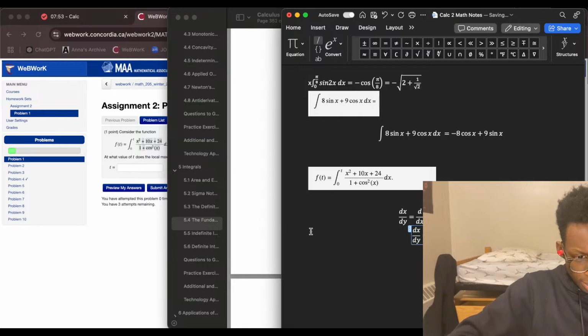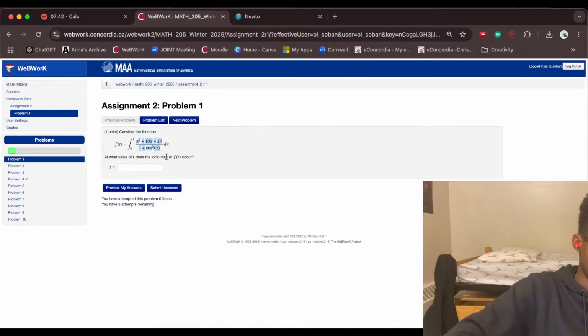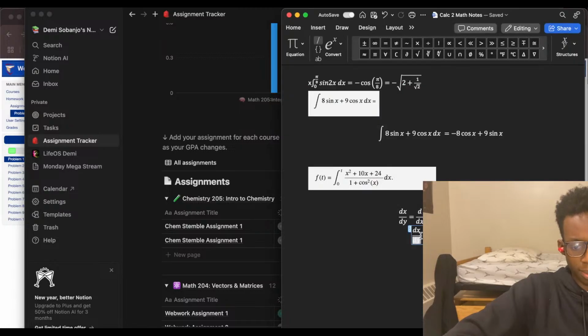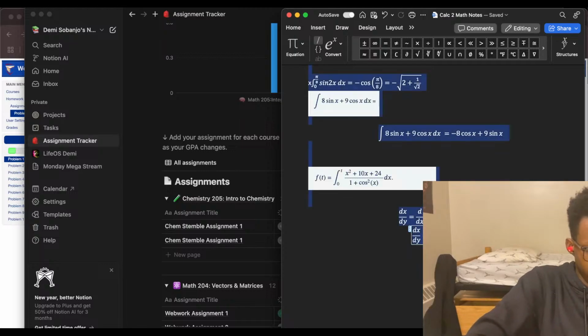So that's just how it is. You can't solve for anything, we just have the derivative now. So the local max of ft is when the derivative is 0. Okay, that works. So we can just put 0 in here, obviously.